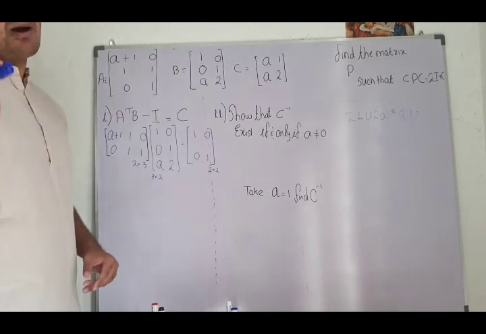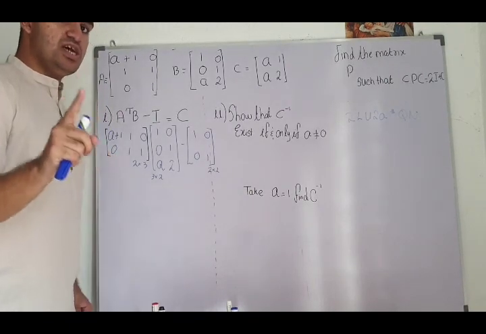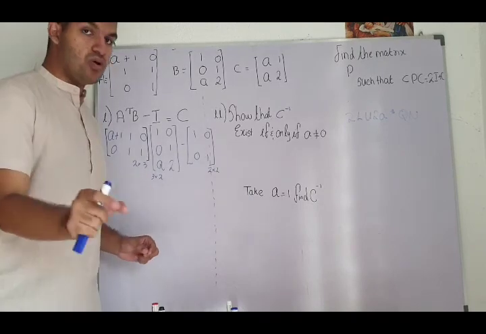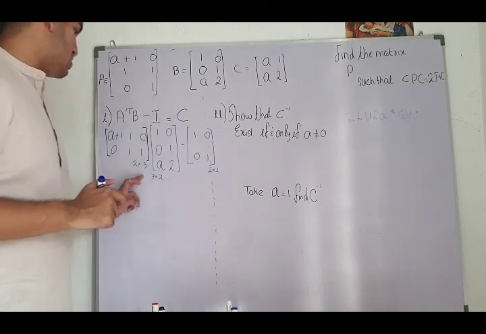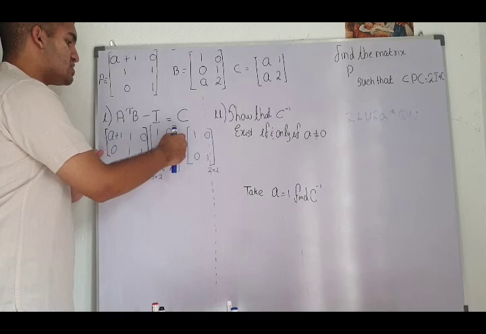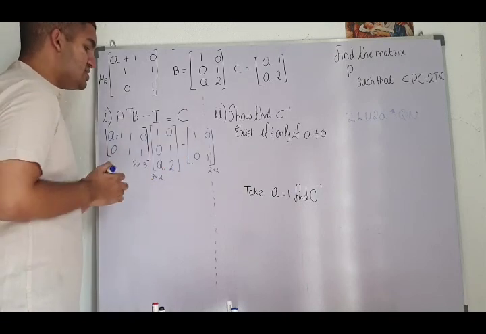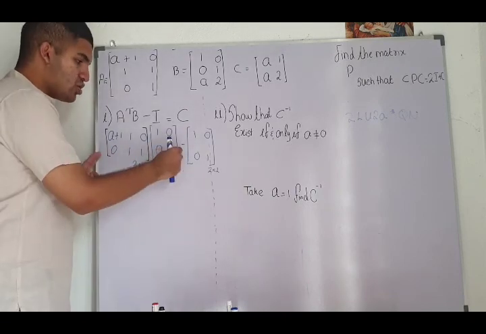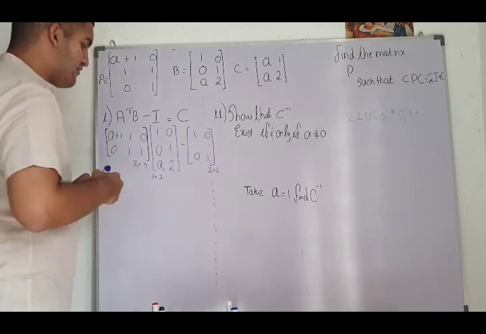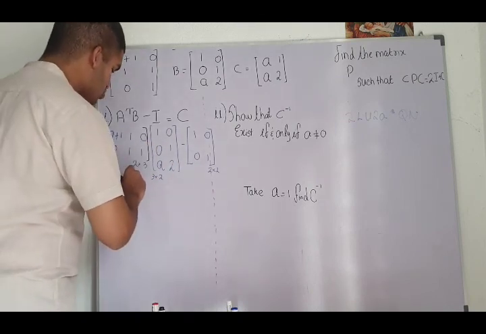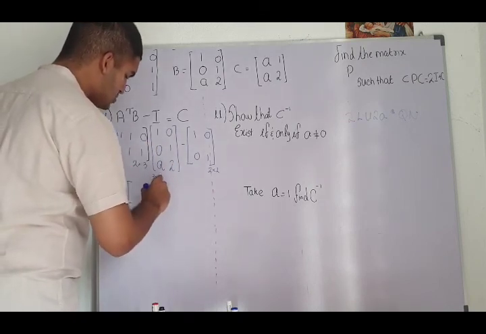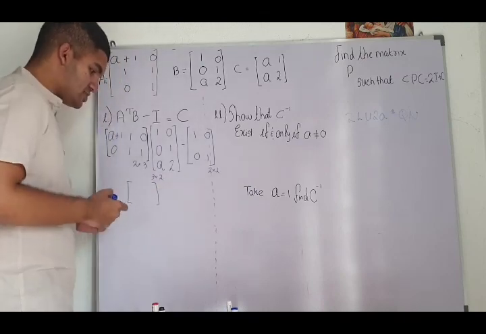Therefore the number of columns in the first matrix is equal to the number of rows in the second matrix. So in that state we can multiply these matrices, and the product of these two matrices will give you 2 rows and 2 columns.